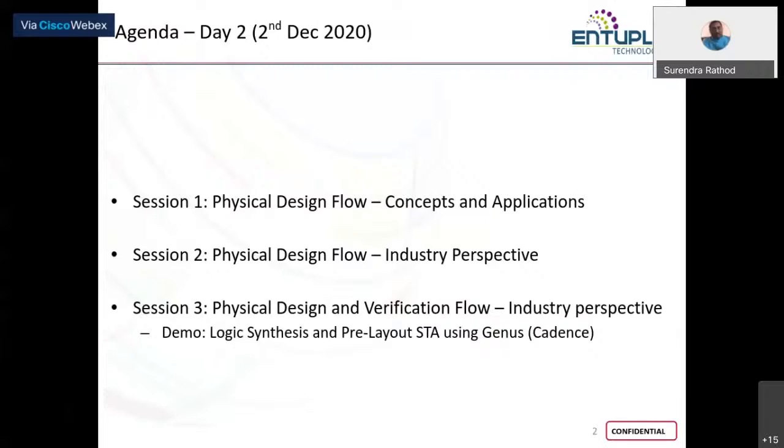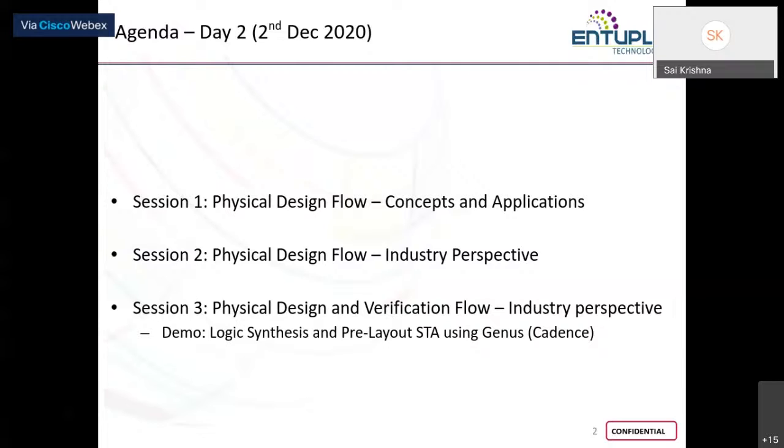Yes, thank you, sir. Very good morning, everyone. Hope I'm audible and clear, and hope everyone joined in and are ready to get through our session. So, yesterday we have actually seen how the ASIC flow, the front initiation of backend starts. We have been through the full custom IC design, and then coming to the semi-custom IC design.